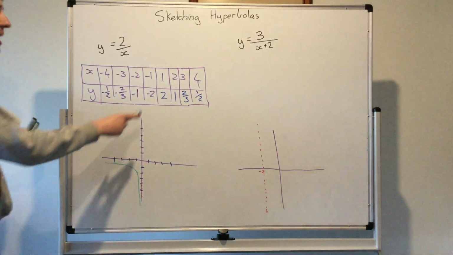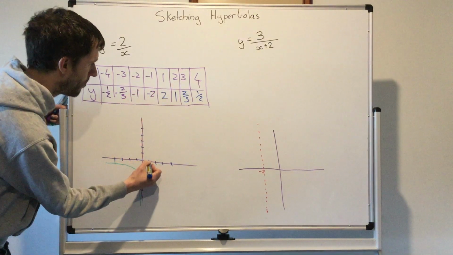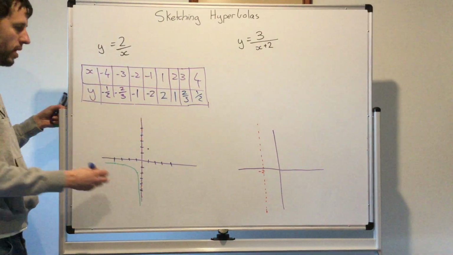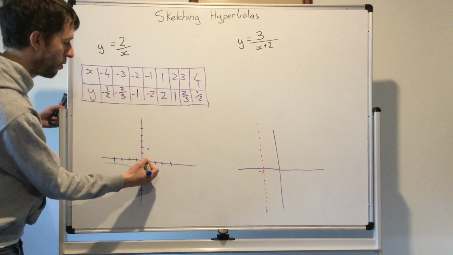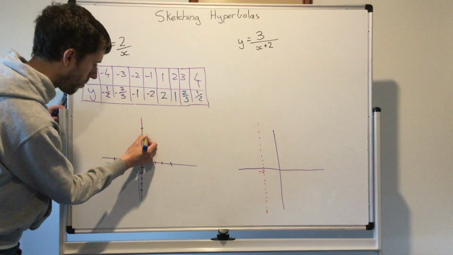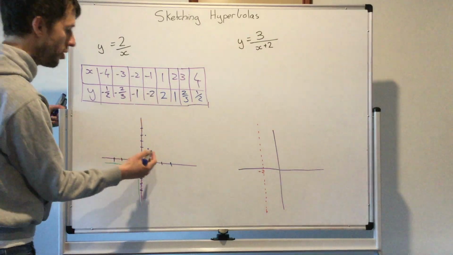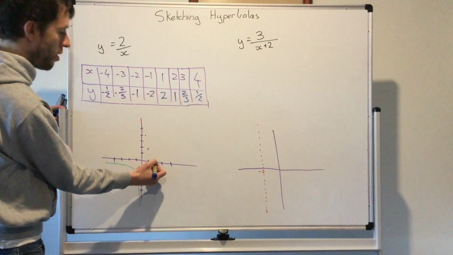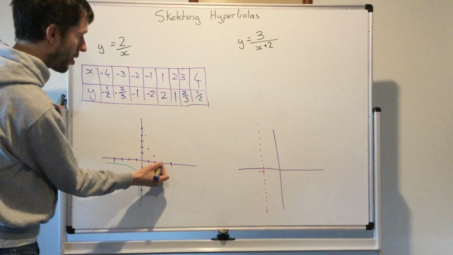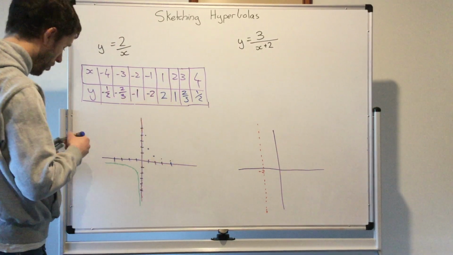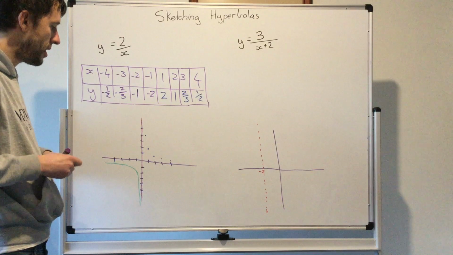So when x is 1, it's 2. When x is 2, y is 1. Then it goes to 2/3, and then it goes to a half. So I've got my graph on this side here.